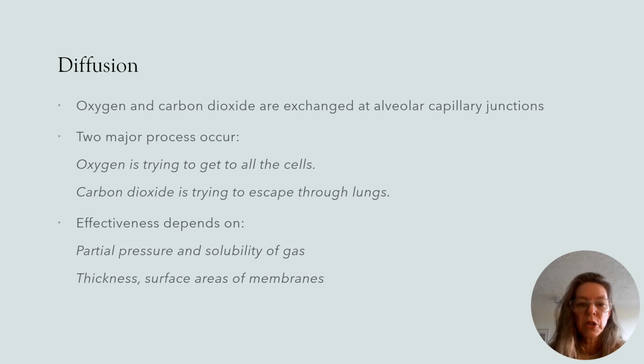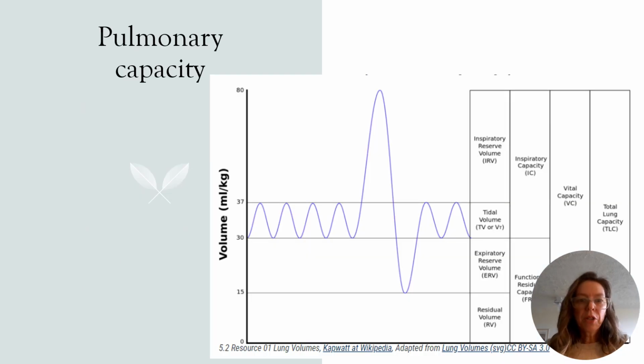Carbon dioxide is trying to escape, and effectiveness of this is going to depend on both partial pressure and solubility of gas, and then the thickness of those membranes. So we do pulmonary function testing to measure a patient's baseline, and then that helps us make adjustments or decisions about people's pulmonary status, for example, with asthmatics or someone with a chronic pulmonary disorder like COPD or emphysema.